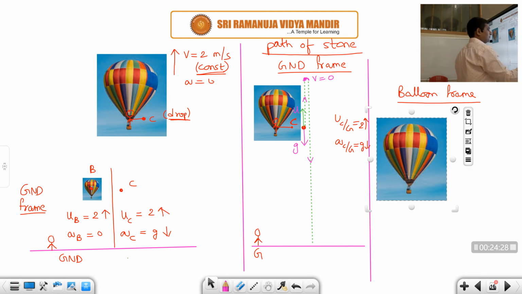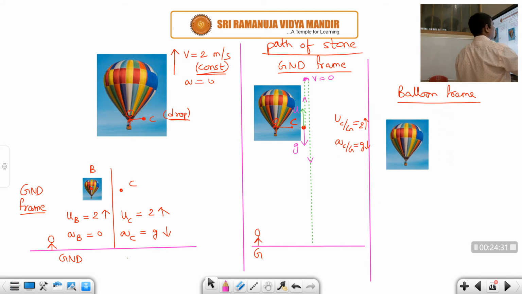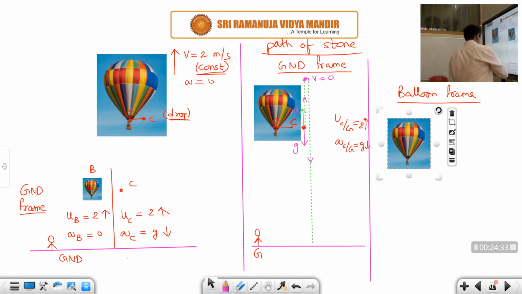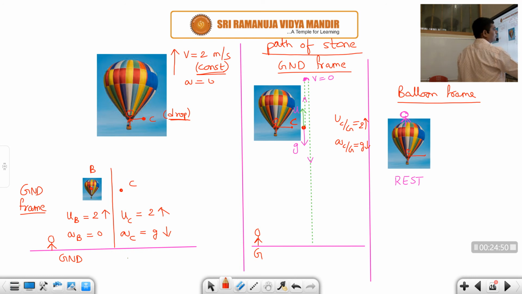You are standing on this balloon. So now the balloon is at rest. Now for the coin that is being dropped, what will be its path?